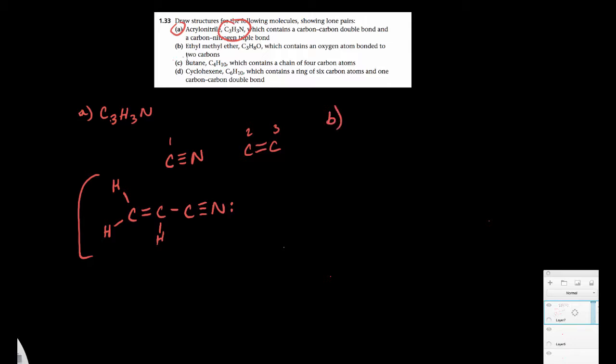Let's try the next one, ethyl methyl ether, C3H8O, contains an oxygen atom bonded to 2 carbons. So oxygen right here bonded to 2 carbons.